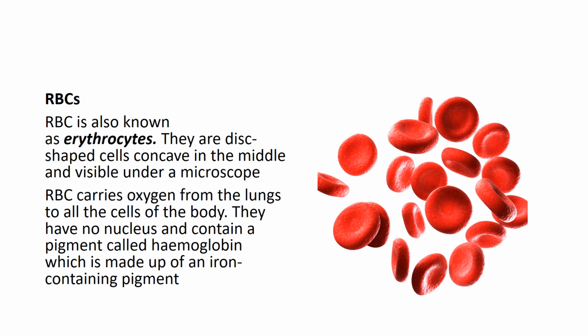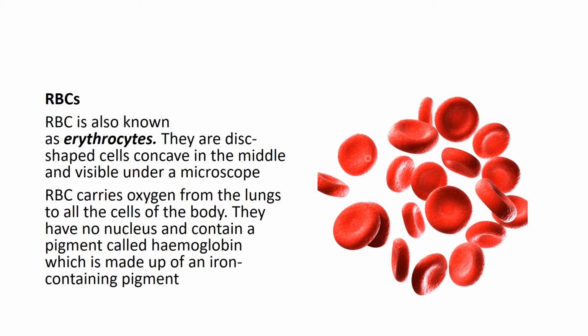RBCs, red blood cells or erythrocytes. Another name for RBCs is erythrocytes, and these are disc shaped cells. You can see in this figure, these are disc shaped cells, concave in the middle, and visible under a microscope.